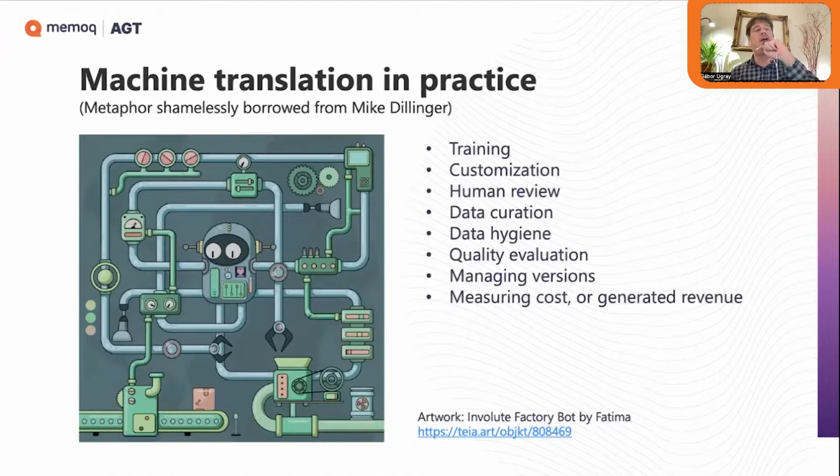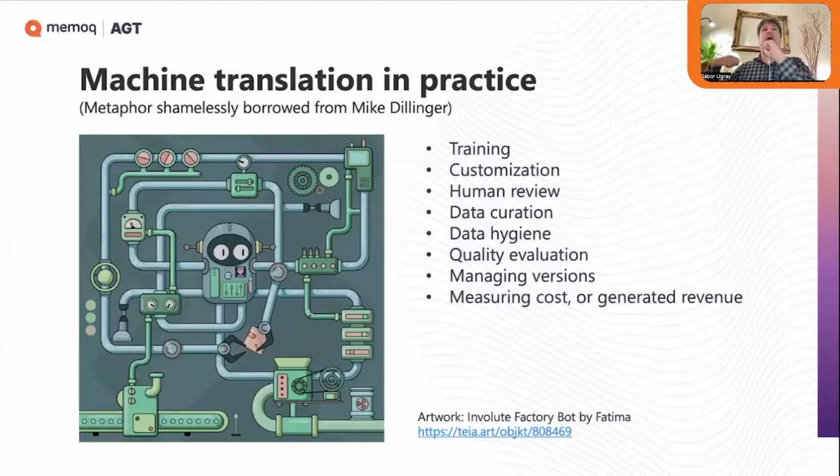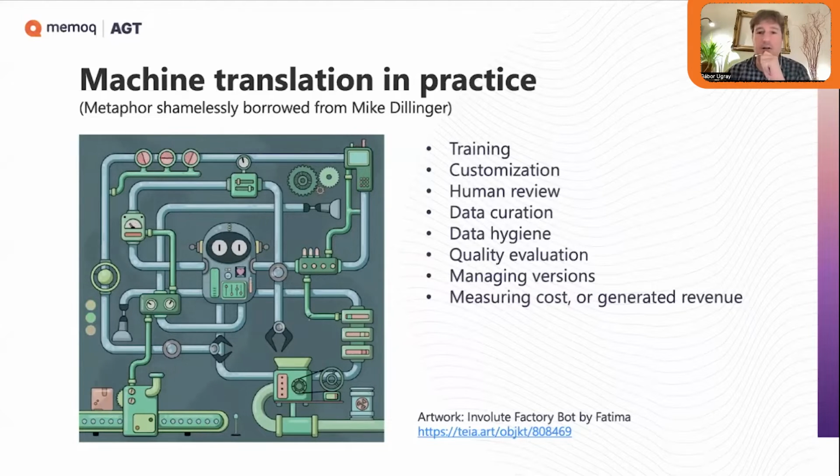But you have to be really careful because you don't want to feed the unrevised machine-generated output back into the training corpus of your engine, because then you're just going to have quality that falls off a cliff. When you make a change, you need to have a way to evaluate quality. You need to have methodology for that. You need to have the tooling for that.